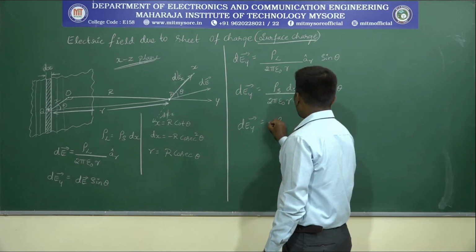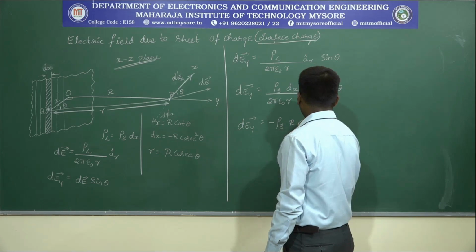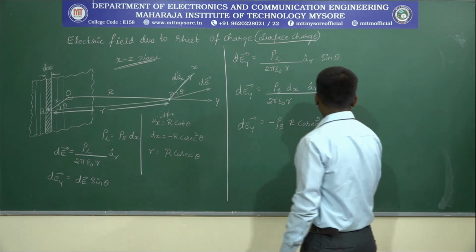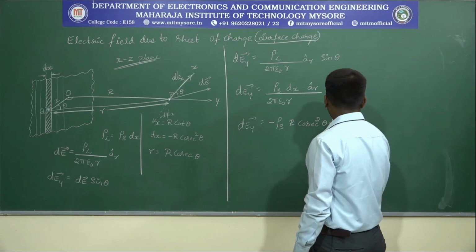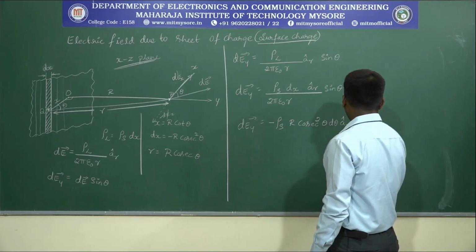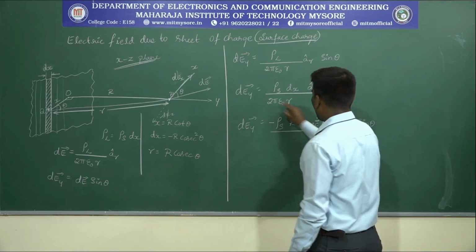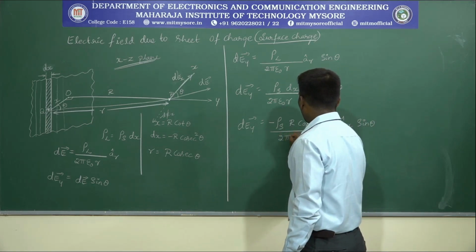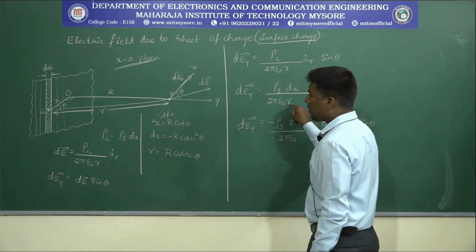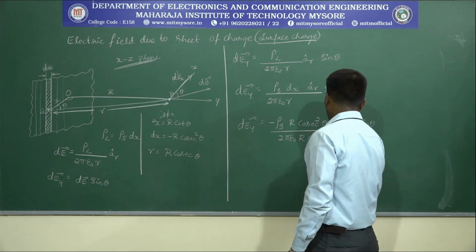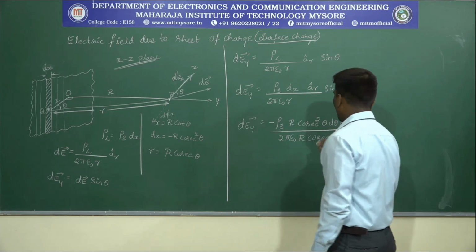This can be written as minus r into cosecant square theta into d theta into a cap r into sin theta, whole divided by 2 pi epsilon naught into R. What is R? R is equal to r cosecant theta.